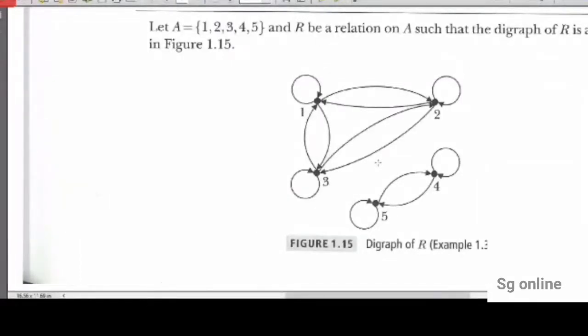We use the term reflexive for the graph also, because the representation is unique: every digraph without multi edges, multi arcs or parallel arcs uniquely corresponds to a binary relation. In this figure you notice that there is a directed loop at every vertex, so it is reflexive.